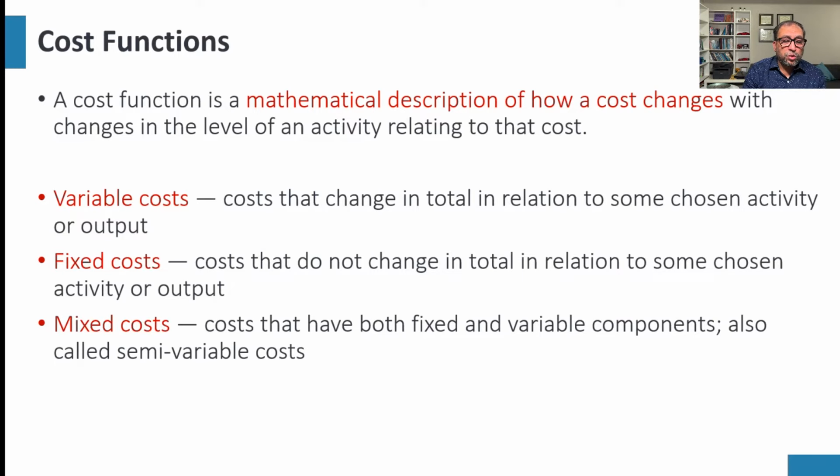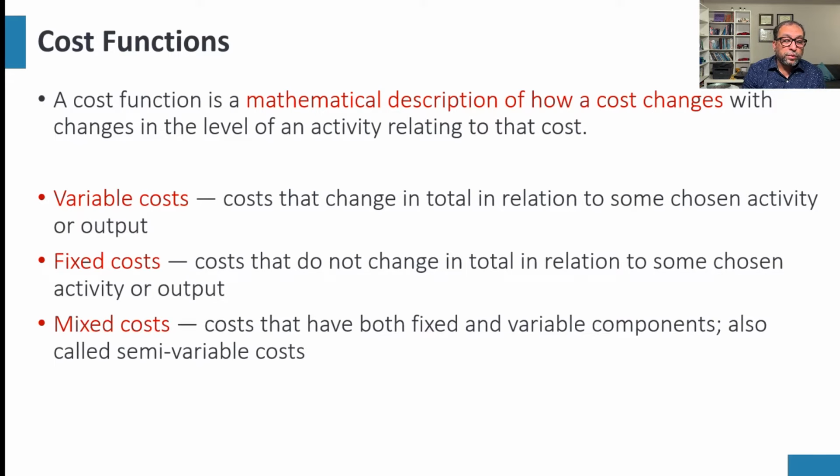Fixed costs do not change in total in relation to some chosen activity or output. So fixed cost is fixed. It's not going to change over a certain range of output. And then there is a mixed cost. Mixed cost means a cost which has both characteristics: a certain portion of the cost is fixed, and the rest of the cost is based on the output or based on the consumption.